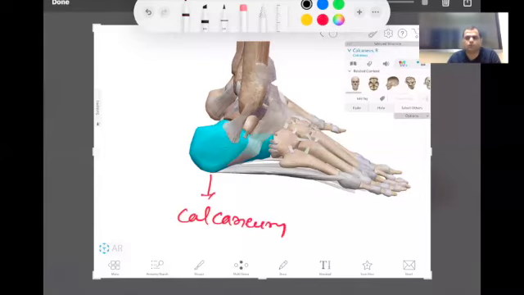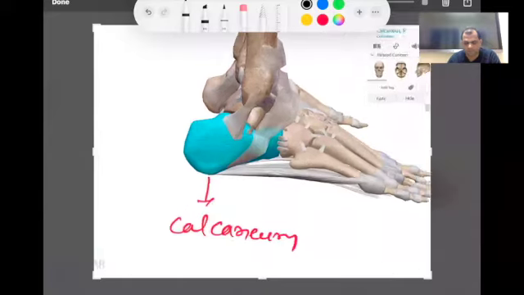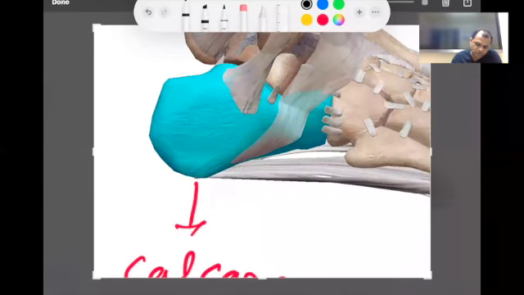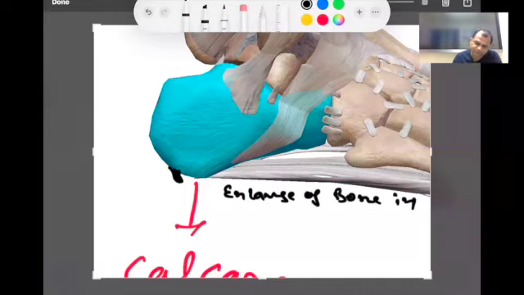And because of overweight, because of wear and tear, because of some accident, injury, many times there is an enlargement of the bone. So this is the enlargement of the bone in some part.